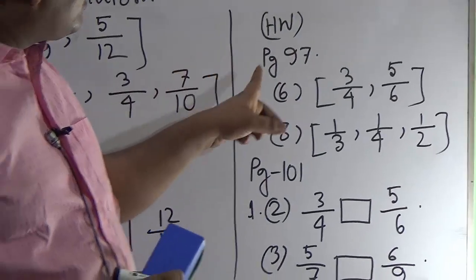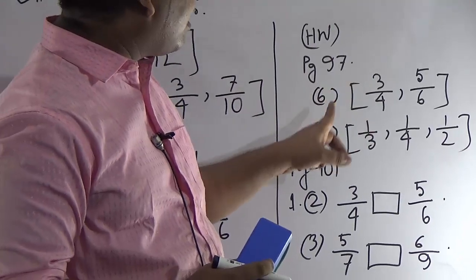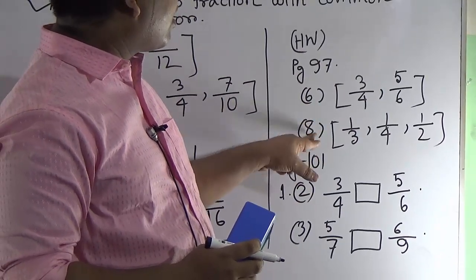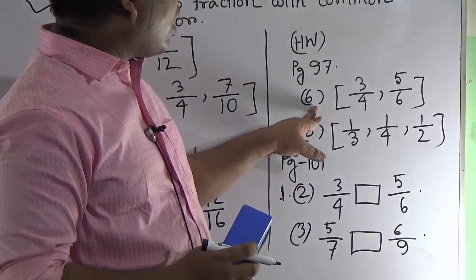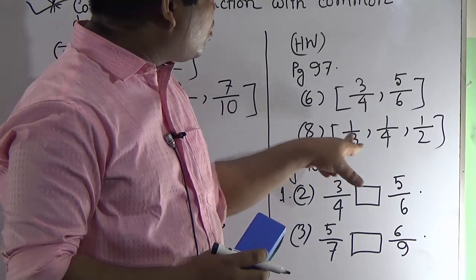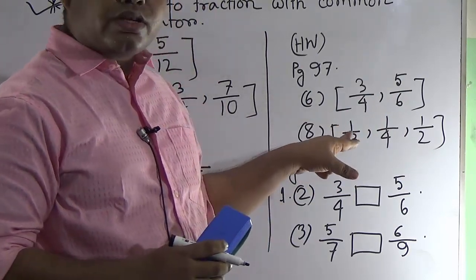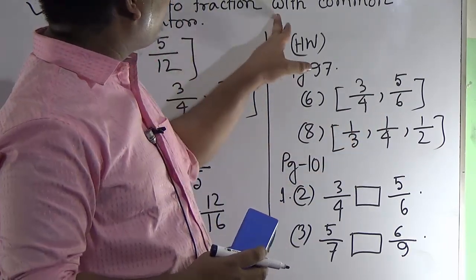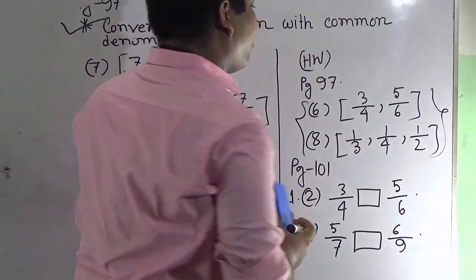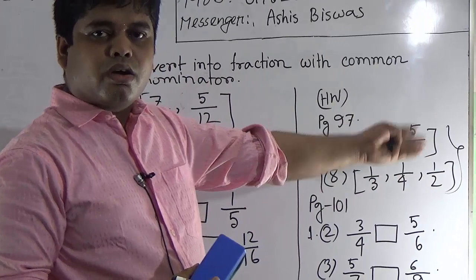My dear students, notice in page number 97, question number 6 and question number 8 will be your SW, where you are asked to convert the two fractions into fractions with a common denominator. That means you convert these two fractions into fractions with a common denominator.